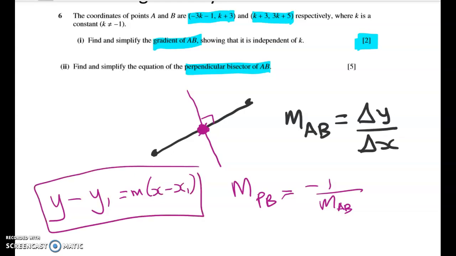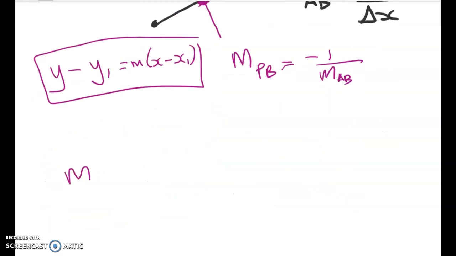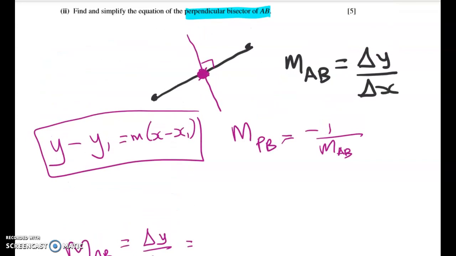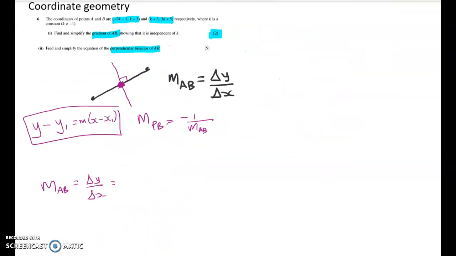The first thing we have to do is to find the gradient and show that it's independent of k. So m of AB is equal to the change in y over the change in x. Let's have a look at what these points were. Okay, so we've got 3k plus 5 for the second y value minus (k plus 3).